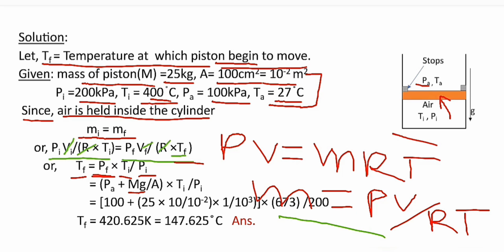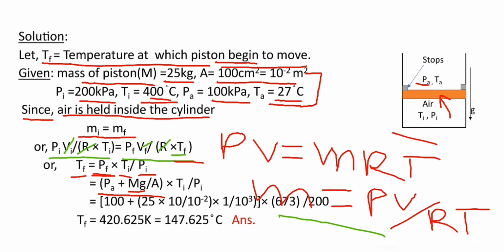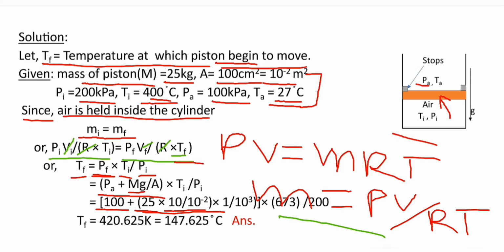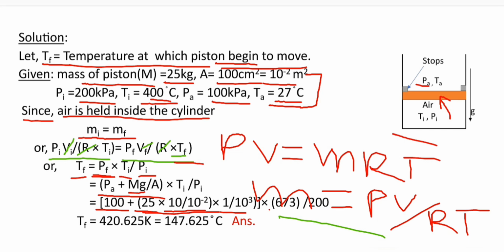So now Pf is equal to Pa plus mg divided by A, and now Tf is equal to 100 plus 25 into 10, that is gravitational acceleration, and area 10 to the power minus 2, and to convert it into kilopascal we divide it by 10 to the power 3, and Ti in Kelvin is equal to 673, and Pi is 200 kilopascal.